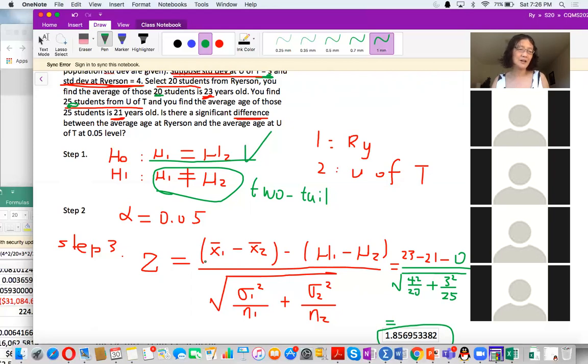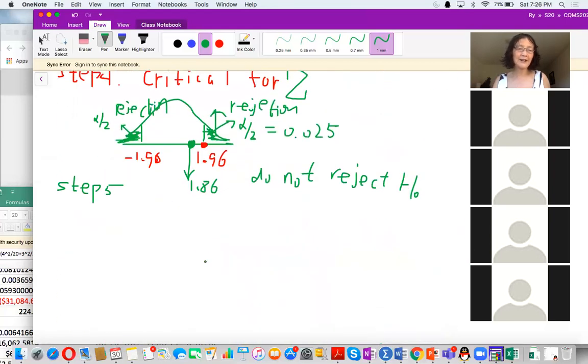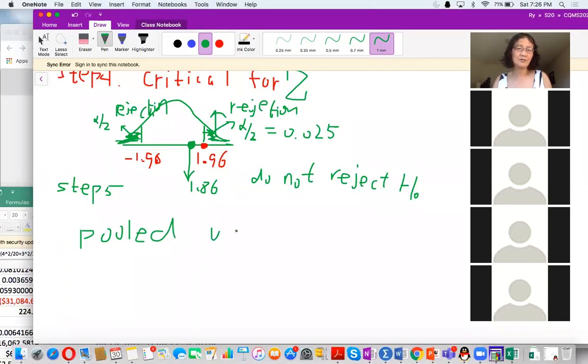The most popular t-test uses what we call pooled variance. We have this new concept to compare two population means when the population standard deviation is not given, but you know the sample standard deviation.